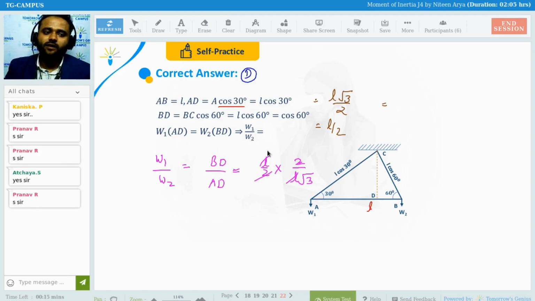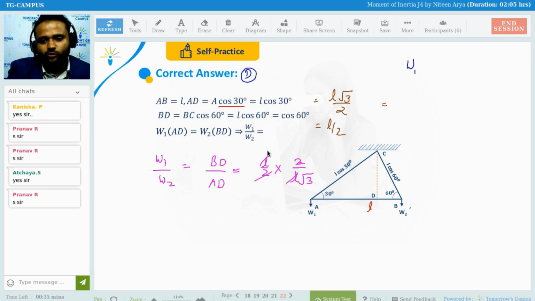Clear, everyone? Mass into weight is going to be the equilibrium thing, like where we find the center of gravity: weight into the distance. Okay, mg into x. For W1 we have x as L cos 30 degrees, and for W2 we have L cos 60 degrees.